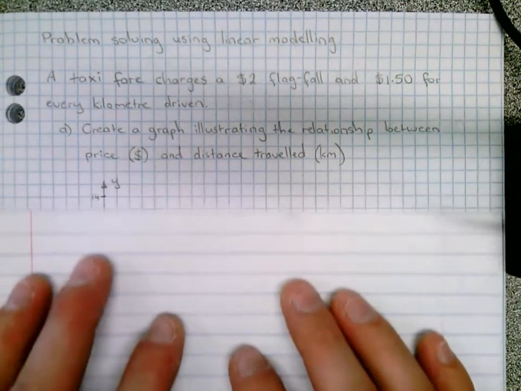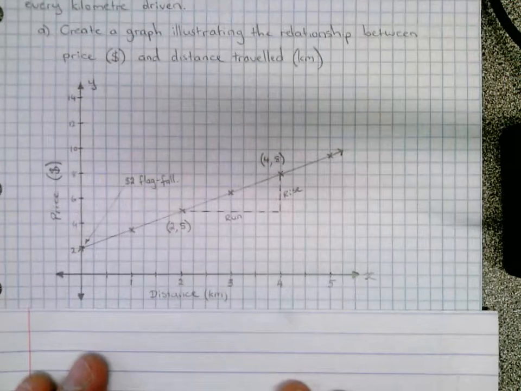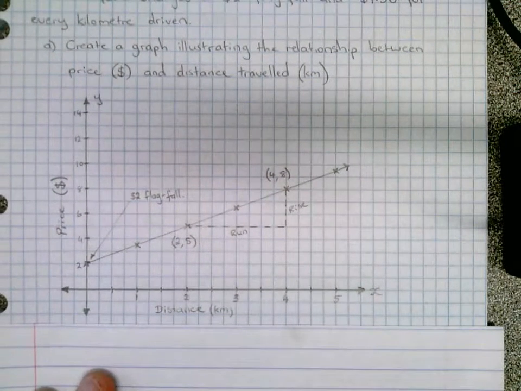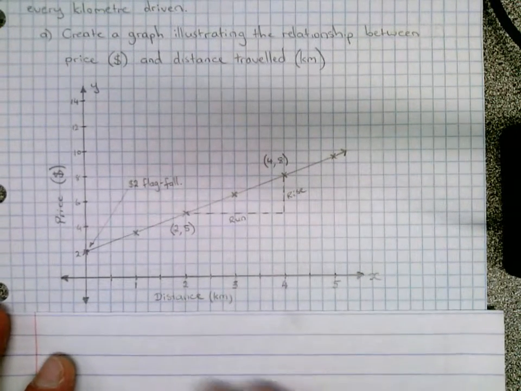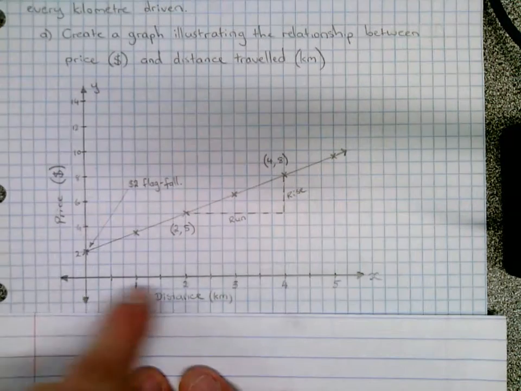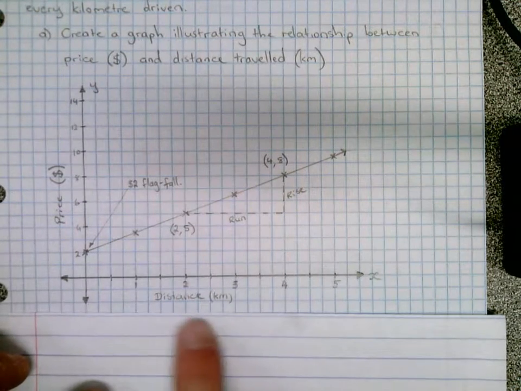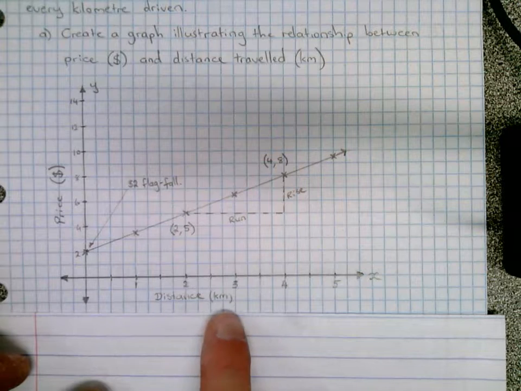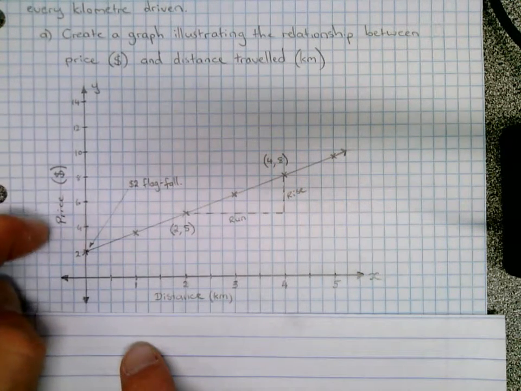So what we have to do is create a graph illustrating that relationship for the information provided. So what we have is a y-axis and an x-axis, and on the x-axis I've labelled it as distance in kilometres and the y-axis as price in dollars.